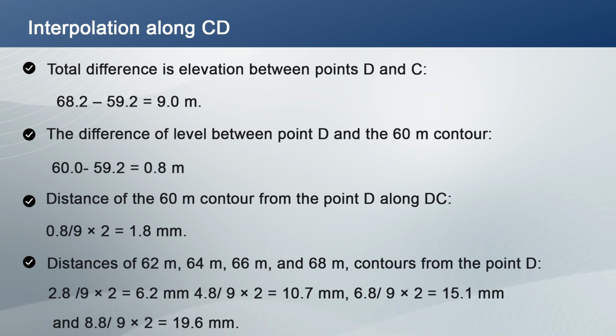This will be 2.8 divided by 9 into 2 equal to 6.2 millimeter, 4.8 divided by 9 into 2 equal to 10.7 millimeter, 6.8 divided by 9 into 2 equal to 15.1 millimeter and 8.8 divided by 9 into 2 equal to 19.6 millimeter respectively.